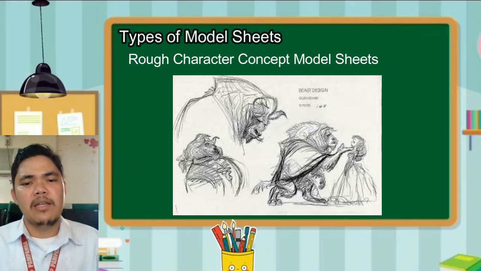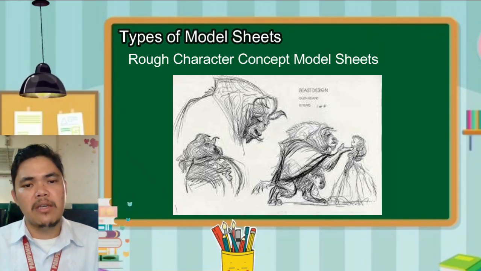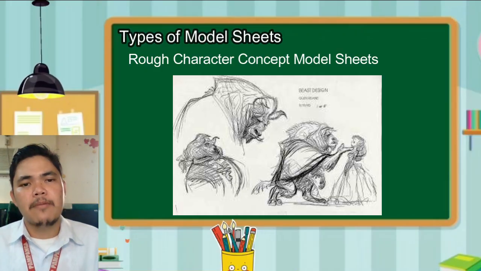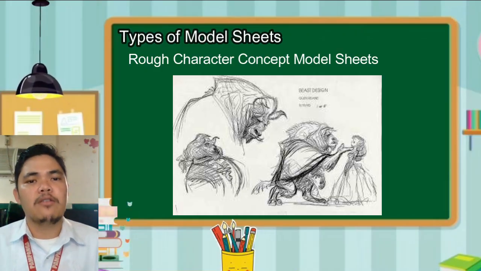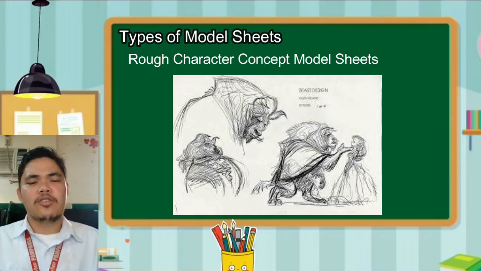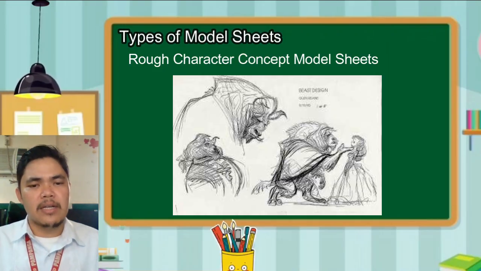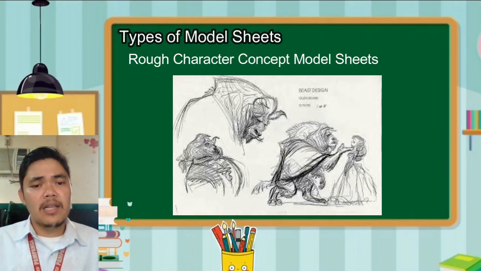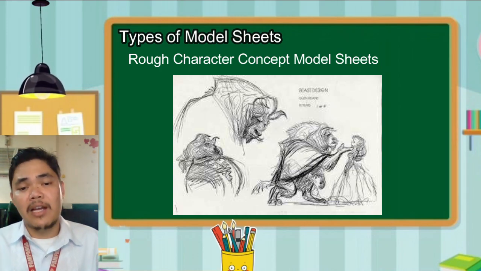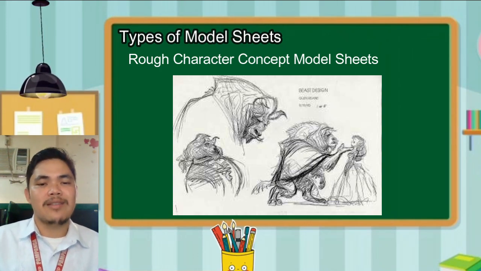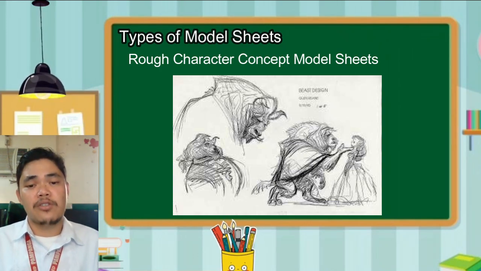That's why, normally, this kind of character is first made in what we call rough model sheet muna or rough character concept model sheets. Okay? So, if this design is na-approve na, okay na siya, then the cleanup artist can start making the cleanup drawings for this one. Okay? Just like shown in the illustration on the board.